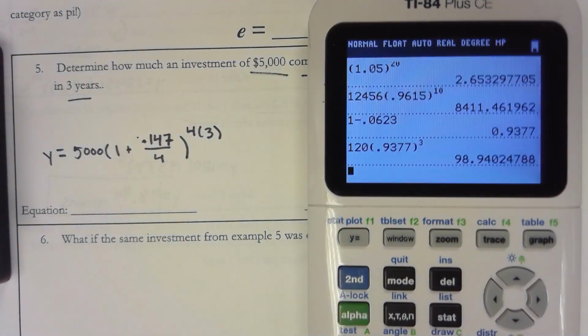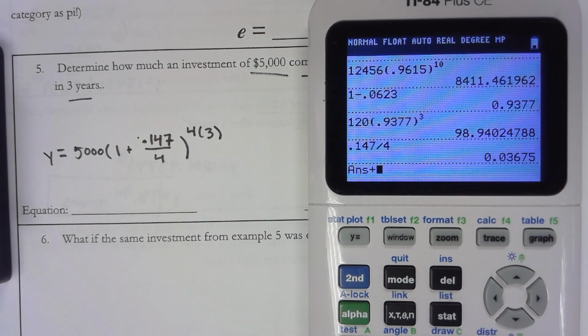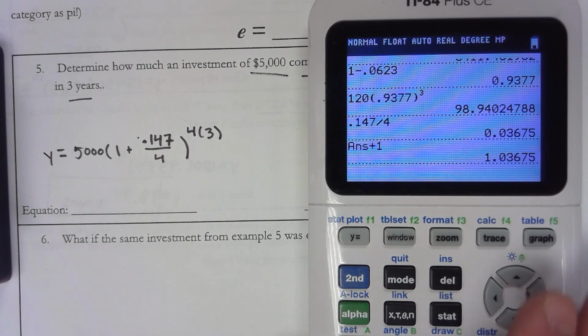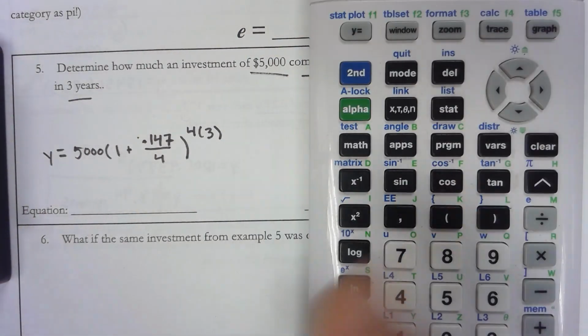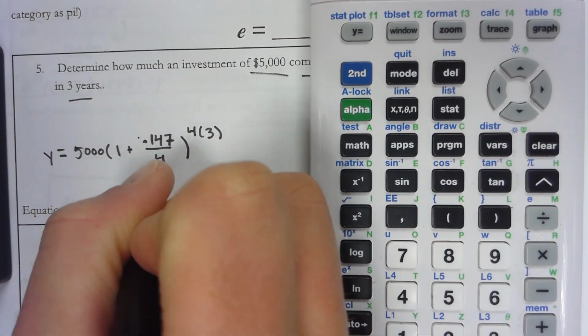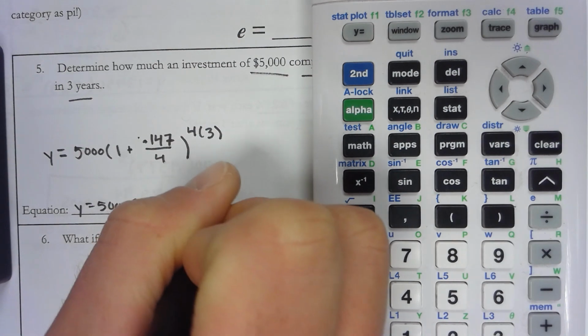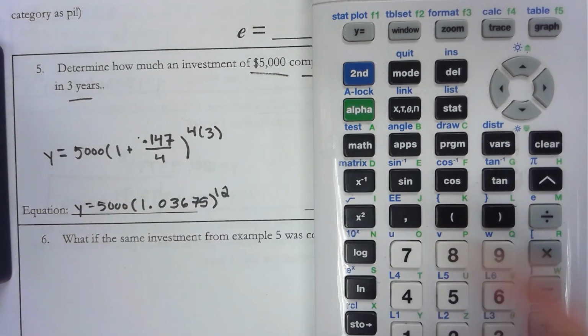So I'm going to take 0.147 divided by 4, and I'm going to add 1 to that. That's pretty easy. I don't need a calculator for that. But that's my base, 1.03675, and then 4 times 3 will take that to the power of 12.